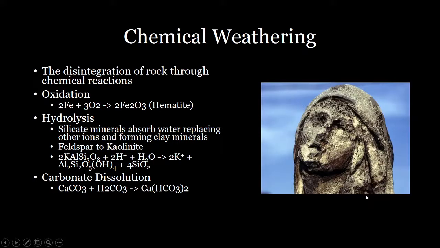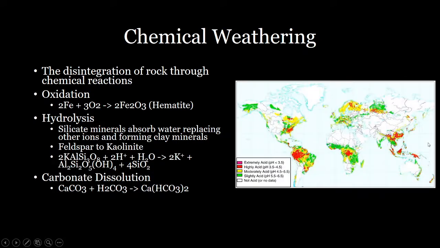You can see that too here. This is a statue that was made from calcite, and it was exposed to acid rain, and it's now dissolving away. This also occurs within soils. Soils can also have a low pH, high acidity.